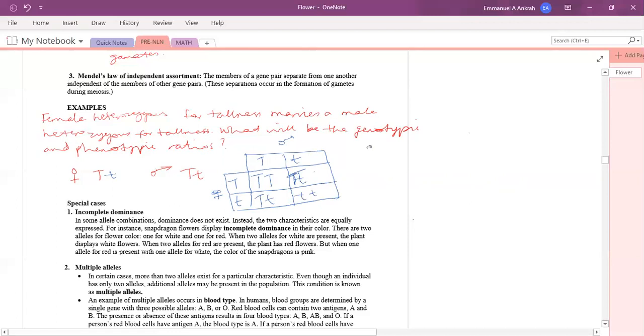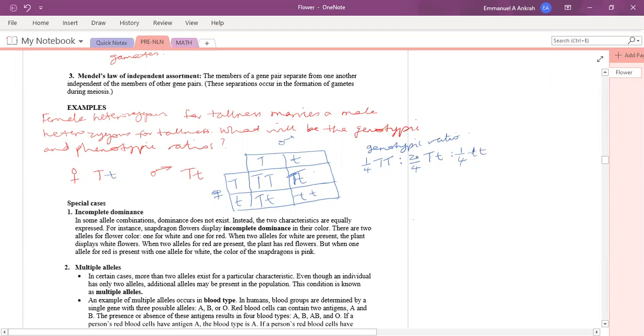So the genotype, or genotypic ratio, will have 1 out of 4 homozygous for tallness, and then the other one will be 2 out of 4 heterozygous, and then the other one is 1 out of 4 homozygous for shortness, right?